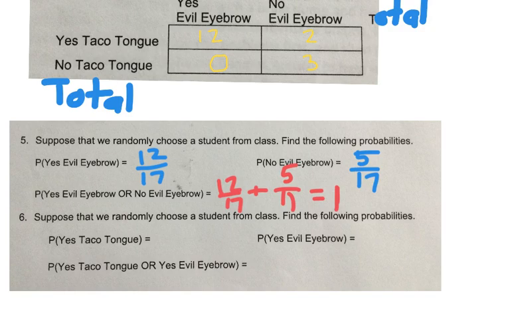Because it's both of them. That's both sides. That's like saying, what's the probability I flip a coin and I get heads or tails? You'll get one. It's 100% chance I'm going to get one or the other. Heads or tails. Those are the only two possible outcomes. Same thing here. What's the probability you say yes to evil eyebrow or no to evil eyebrow? It's 100% chance. Which we can write as 1 as a decimal. So that was kind of the tricky one in that one.